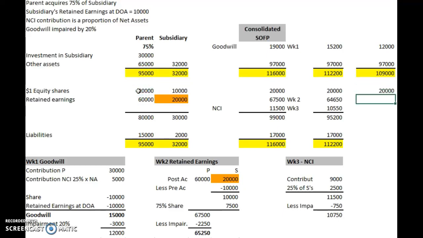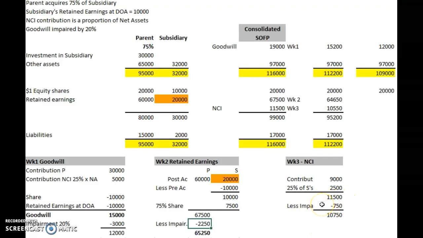So now retained earnings. What do we do here? Well, the calculation down to this point hasn't changed. The retained earnings is still the same, less the impairment. Now, in our previous example, we shared the impairment between the parent, which is this part of the calculation, and the NCI, which is this part of the calculation.